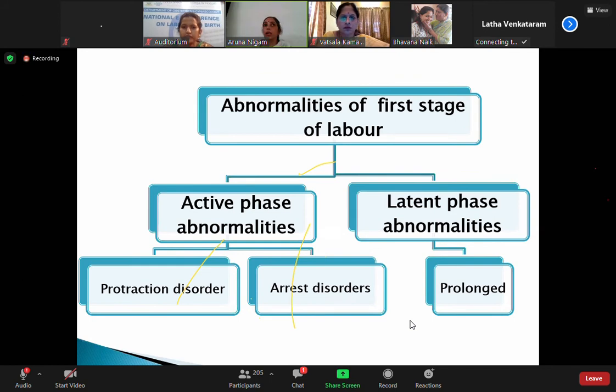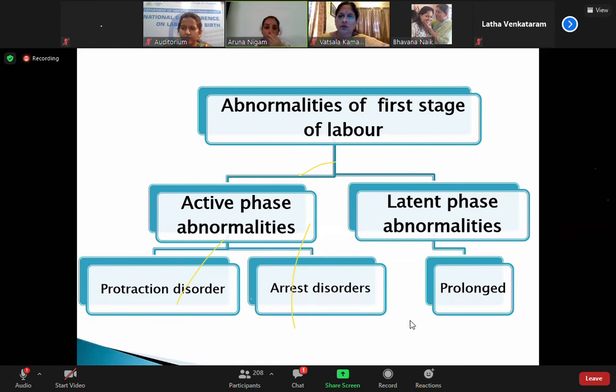I want to tell you about the active phase: if you are taking it as 6 centimeters, there are no other criteria for entering the active phase as such given by the authors. And this 6 centimeter guideline was circulated around 2016 by the government of India to all the CGHS hospitals; we also received it in Delhi, that we should be following 6 centimeters as the active stage of labor.